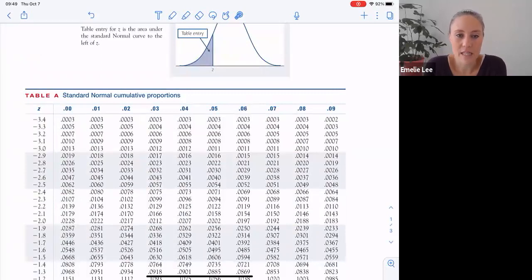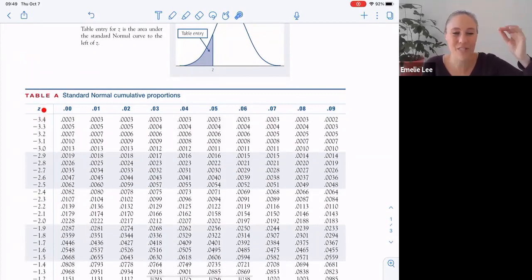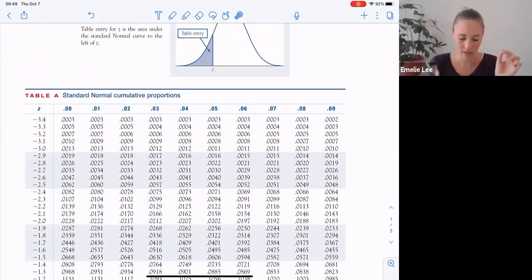Now, the Z table looks like this. It's going to have the whole number and then the first decimal in the left-hand margin. And then we're going to have the second decimal in the top margin.